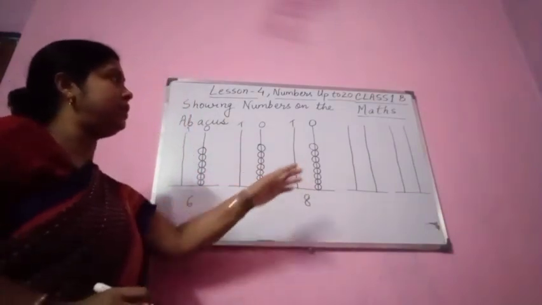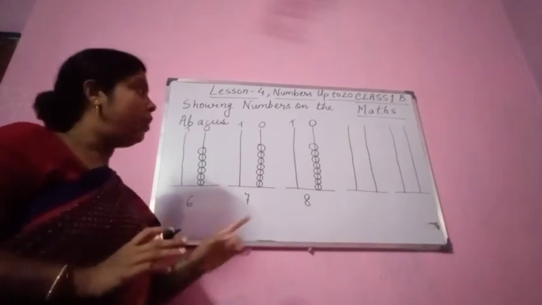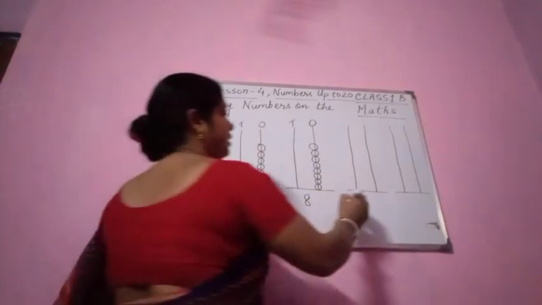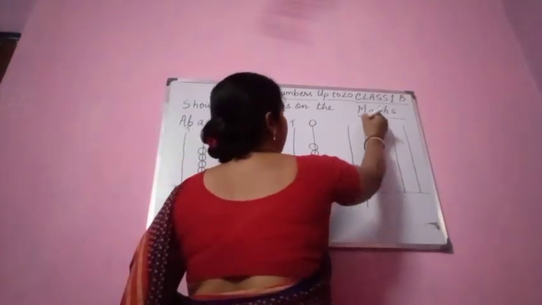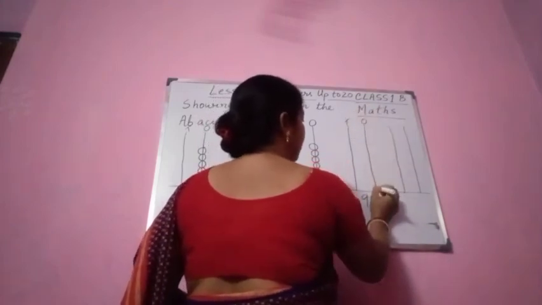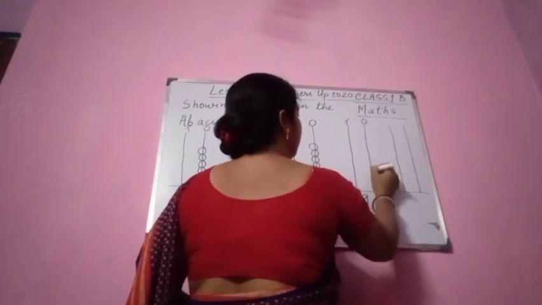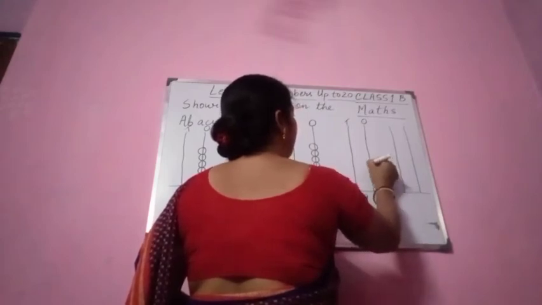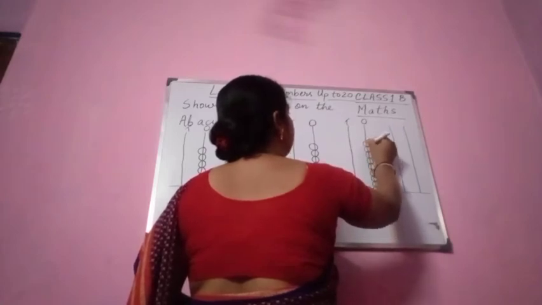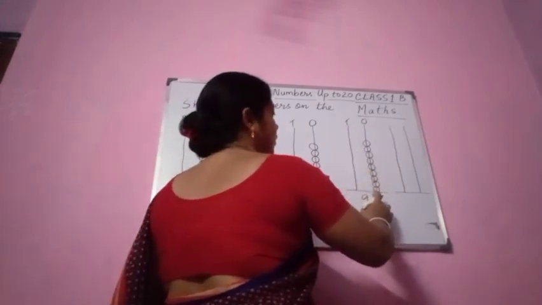You see, 8 beads I have drawn on the one spike. In the place of ones I have drawn 8 beads. Next number will be 9. Write down ones and tens here. Nine beads we have to draw: 1, 2, 3, 4, 5, 6, 7, 8, 9. Nine beads we have drawn in the ones place.